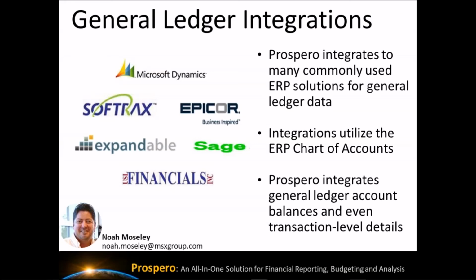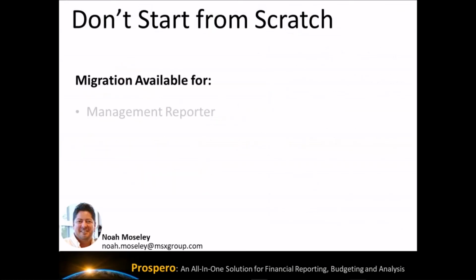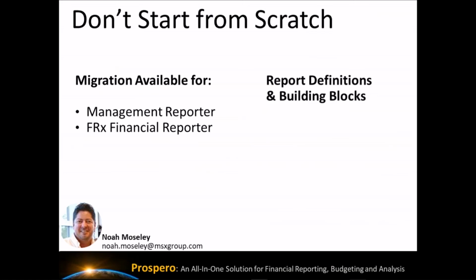If you are a user of FRx or Management Reporter, don't worry, we have some migration options available for you. You don't have to start from scratch. We can copy your report definitions, your row definitions and column definitions from those applications over to Prospero. We'll get you up and running in no time at all.